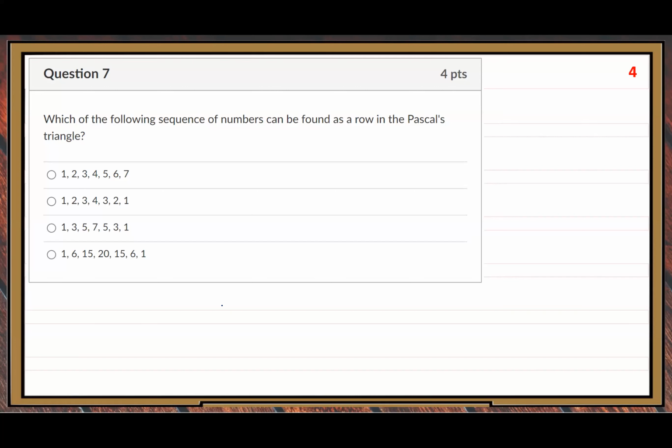Question number 7, because in class I talked about Pascal's triangle, right? This question is designed to check your understanding of Pascal's triangle. Many of you searched the web.